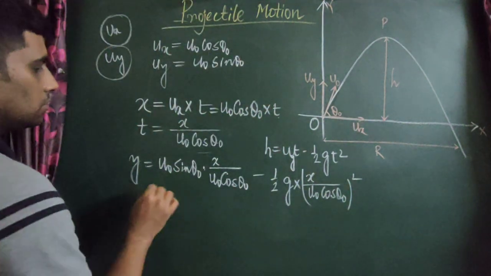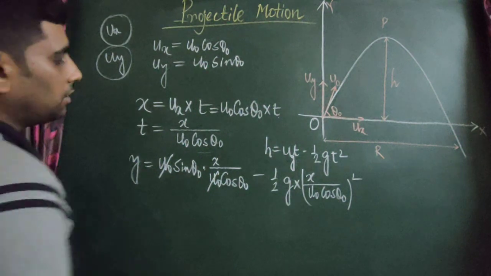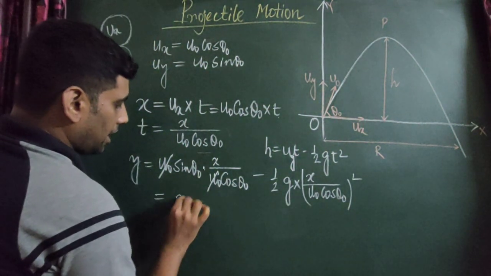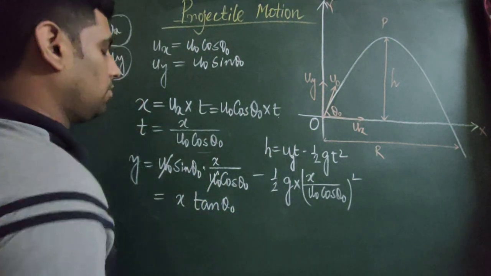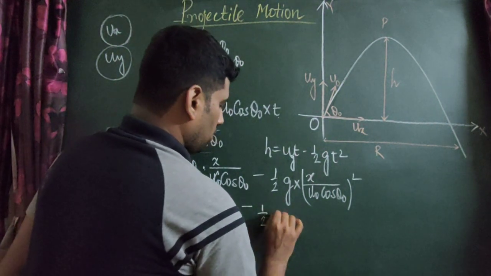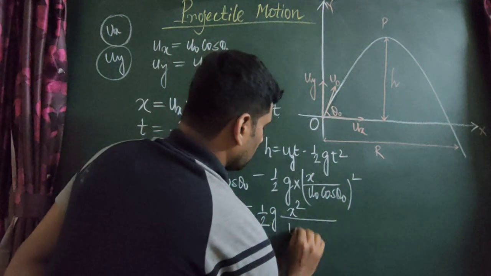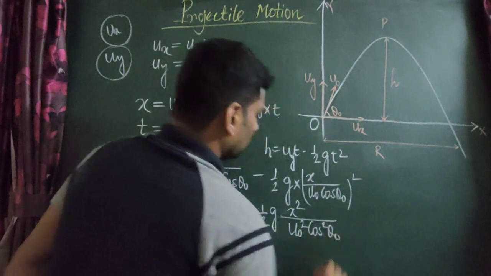Fine, so what expression are we getting? These terms are cancelled out as they are not equal to 0. So I get y equals x tan theta 0 minus half into g into x square by u0 square cos square theta 0.